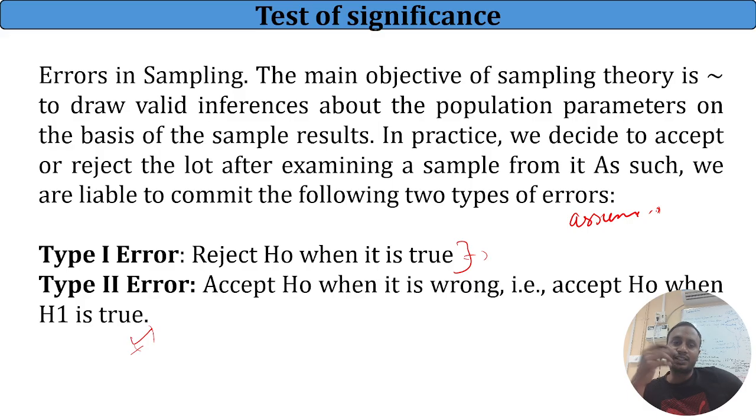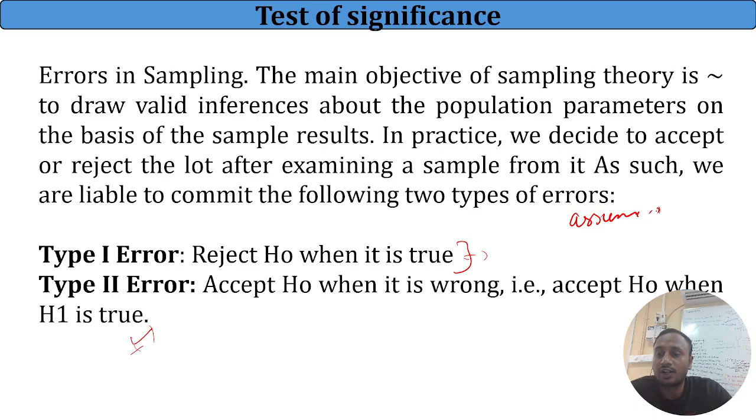Type 2 error is something we have accepted, but it was wrong. Type 1 is which is true that we reject. Type 2 is which is not true but we accept.